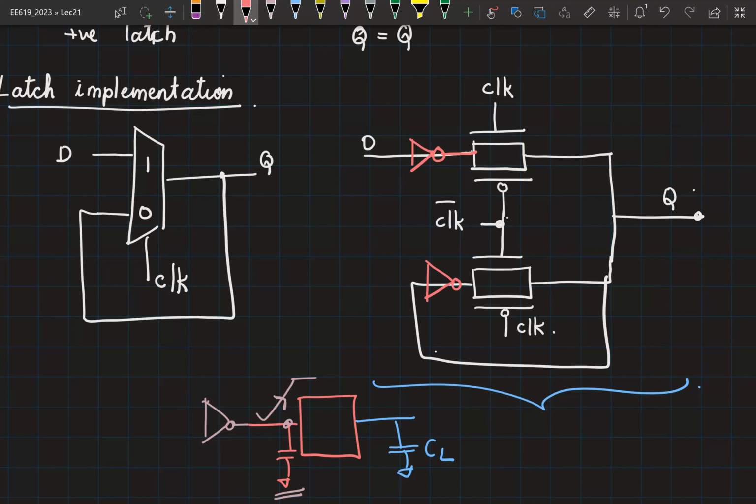Because now when clock is equal to 0, what is driving your output? If this inverter is not here, and let's say clock is equal to 0, which means this is off, and this is the path that is on, correct? So you are driving the output node like this. So to find out what the drive strength is, I simply include that information by including an inverter here.